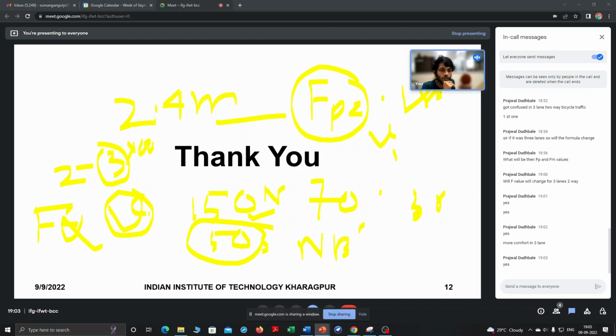But ultimately level of service, yes. So if it is so, how will your tables be the same, how will your values for level of service A be the same? It should be different. It should be more for 3-lane and less for 2-lane, isn't it? Is it not logical?